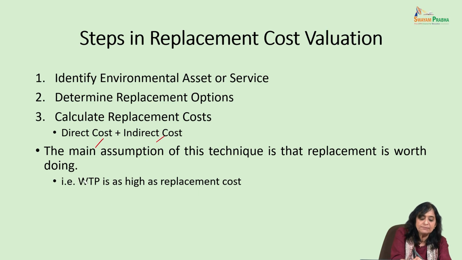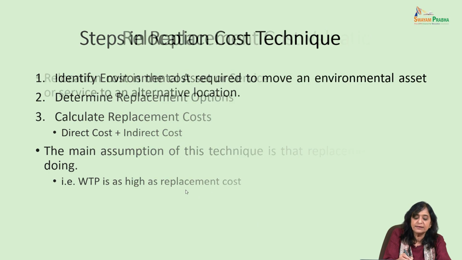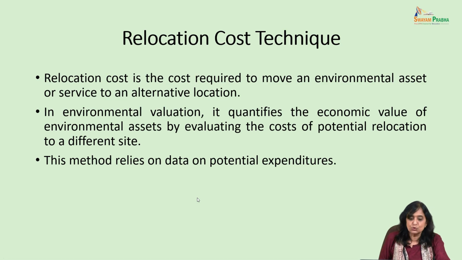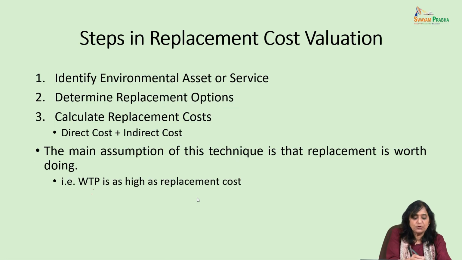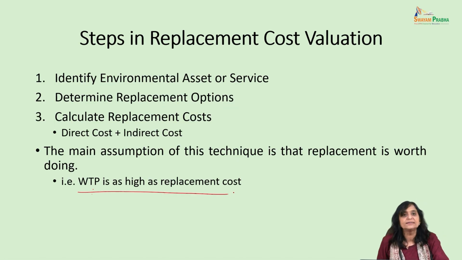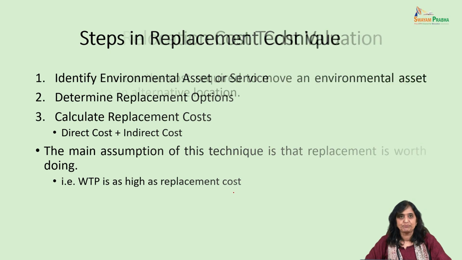For example, let us say the replacement cost is 10,000 rupees, but my willingness to pay is 5,000 rupees to keep that asset as it is. This would mean that I am not valuing that asset as high as its replacement cost. Hence, it is better that I replace it. So, in the replacement cost, what we have to see is that the WTP, that is willingness to pay, is as high as the replacement cost.